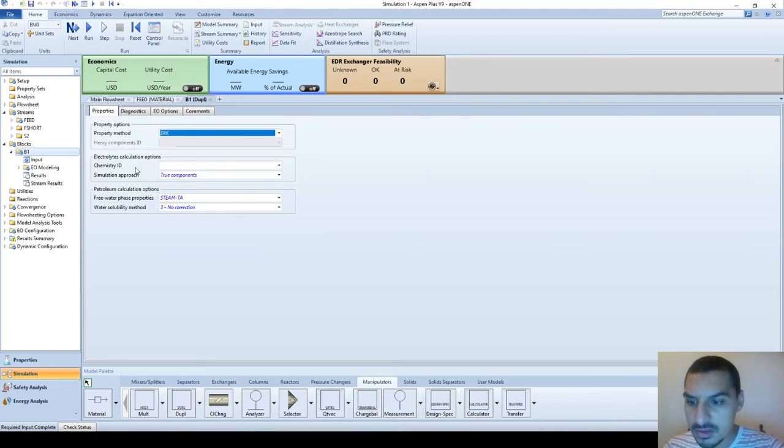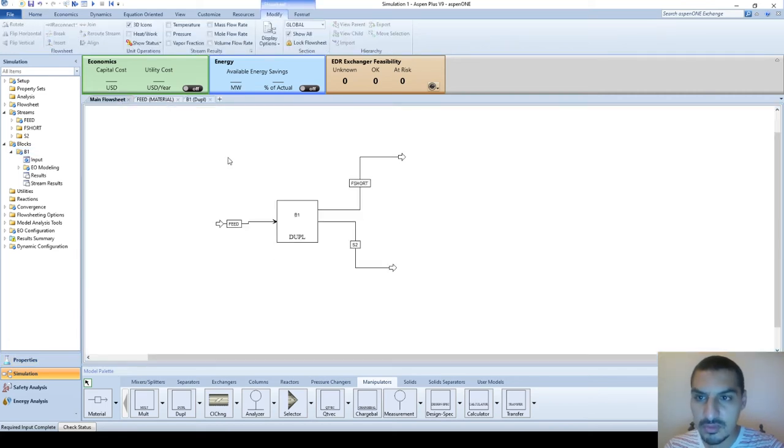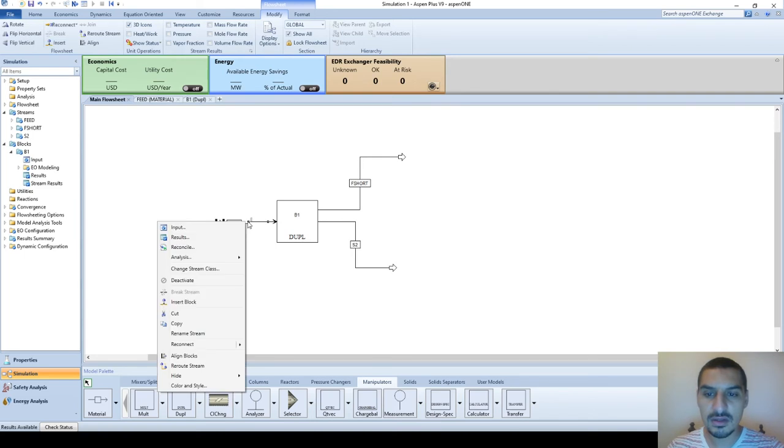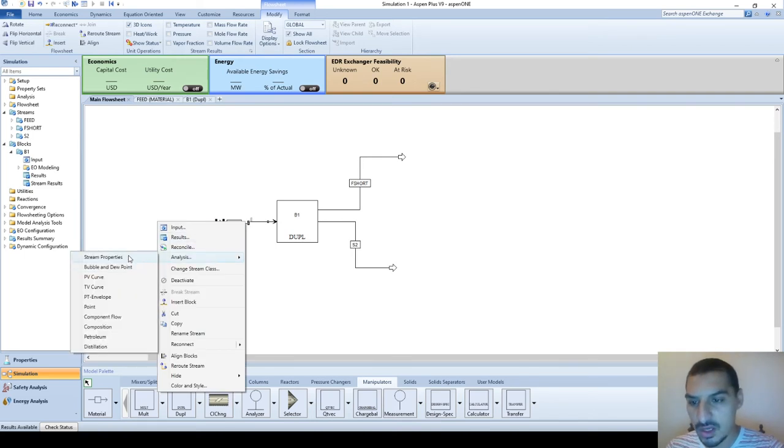Okay, so there is something here. It's SRK, so I don't see any problem. So I can run the file, and it's not going to generate any new information because it's already a duplicator, so it's not going to make anything new. But I can now right click on this stream and go for stream properties.